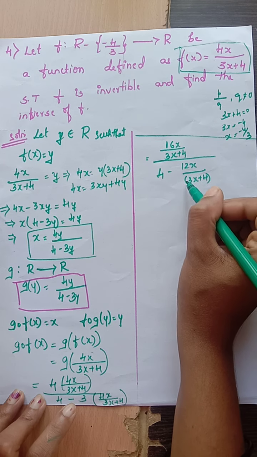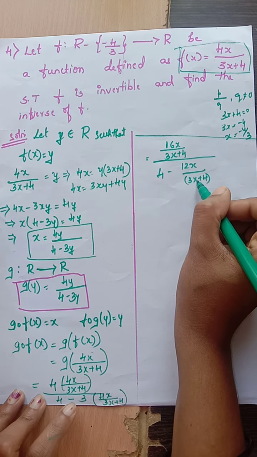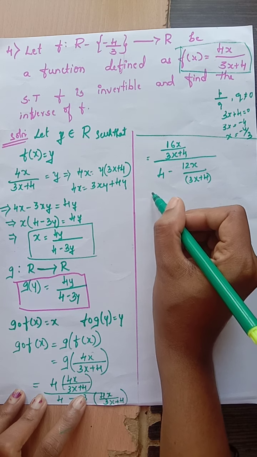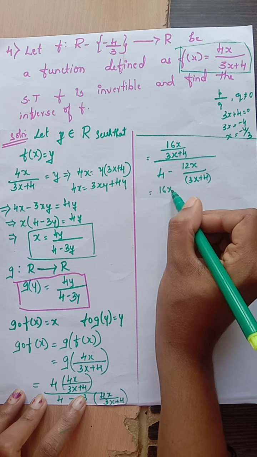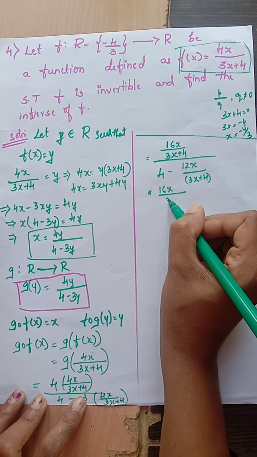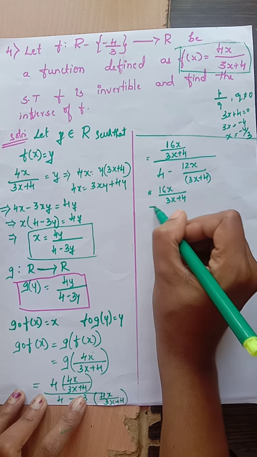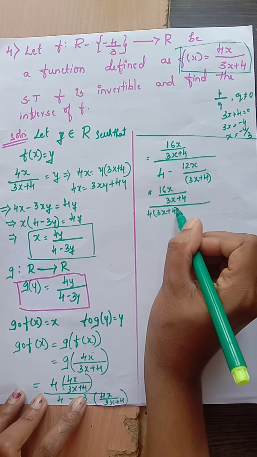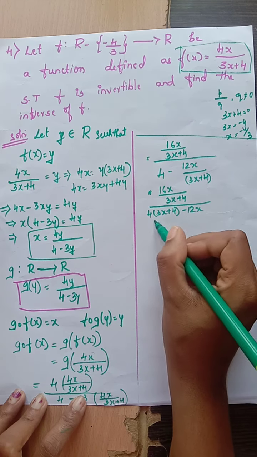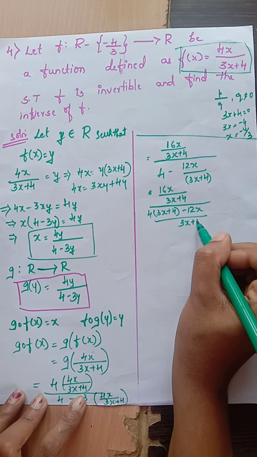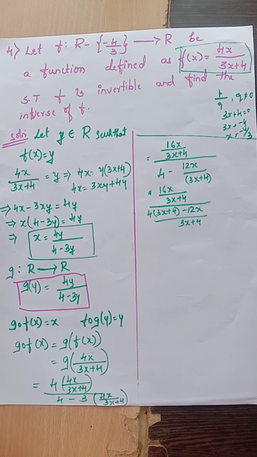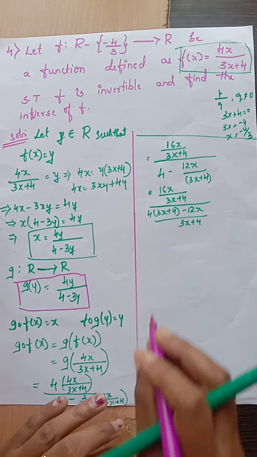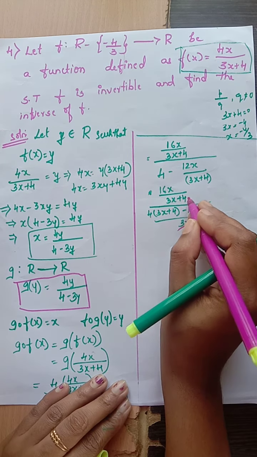So in order to cancel, there should be a common denominator. So what I'll do? I'll do cross multiplication. So it will be 16x divided by 3x plus 4, whole divided by 4 into 3x plus 4 minus 12x divided by 3x plus 4. So now I can cancel 3x plus 4 and 3x plus 4.